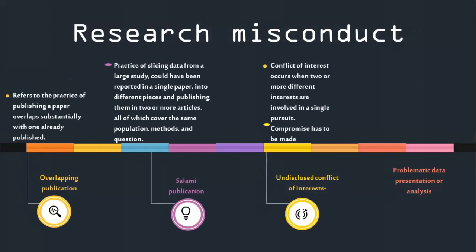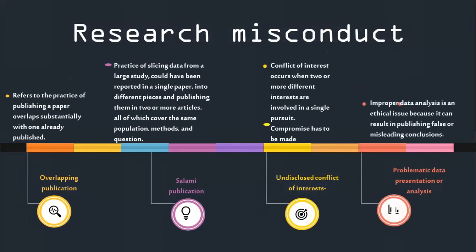The next we see is overlapping publication. The previous one was duplicate publication. In overlapping publication, you have a paper which has already been published somewhere, and you publish the same thing in some other journal, or you use a major part of your already published paper for your new publication.